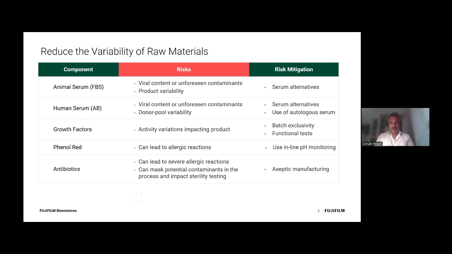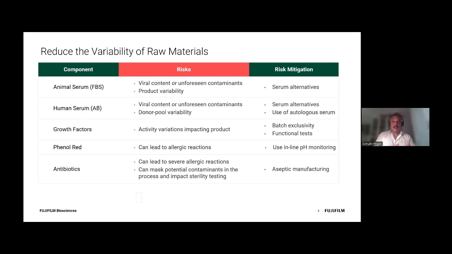But this is obviously something that will support biology really well, but will entail risks in terms of the viral content and the product variability, which in principle makes therapies based on animal serum supplemented media extremely challenging. So people have to start looking at different alternatives like human serum.